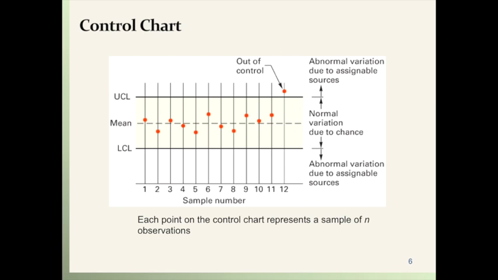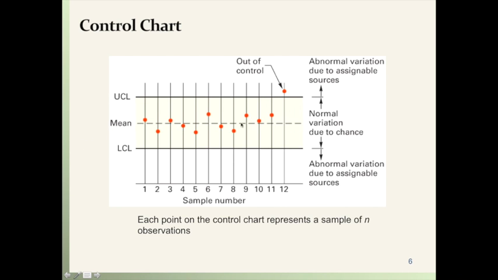So this is a control chart, and we touched on it in chapter 4 when we were going through the process improvement tools. This is where you have the middle, and you have the upper control limit. So this line here is the upper control limit. This line is the lower control limit.